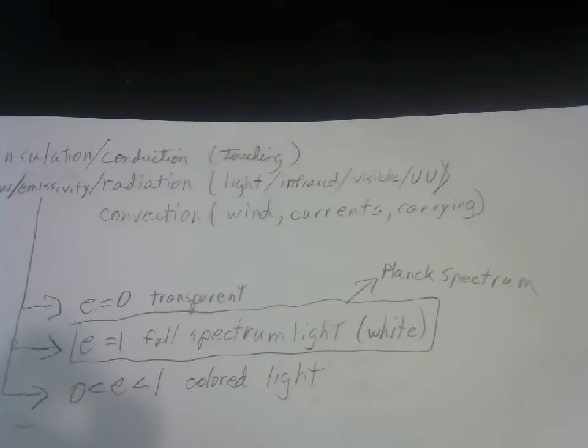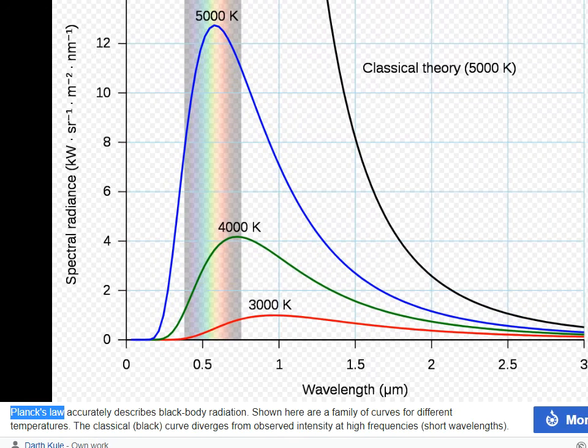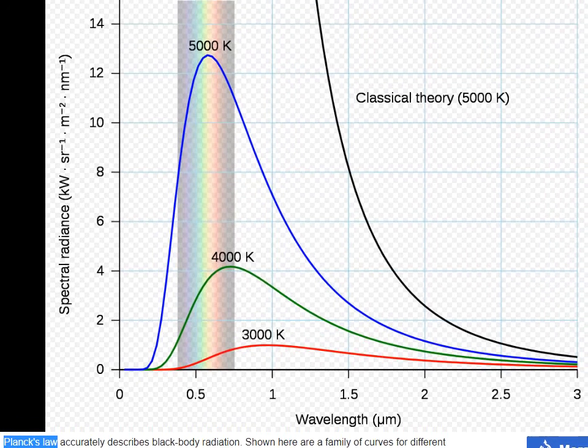Some of these frequencies are going to be in the infrared spectrum, and some of them are going to be in the ultraviolet spectrum. This is called Planck's law, and here's a graph of basically a histogram of the wavelength versus the power, in kilowatts per steradian per meter squared per nanometer. Anyway, the power at each wavelength.